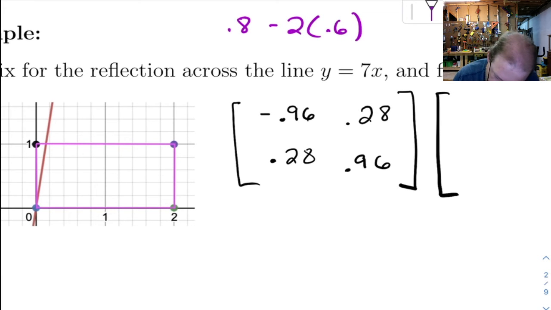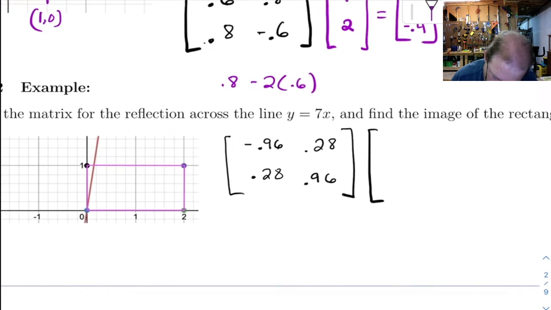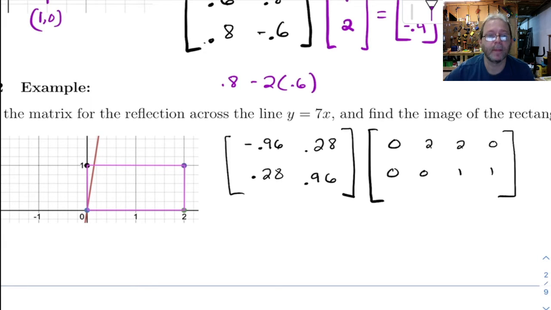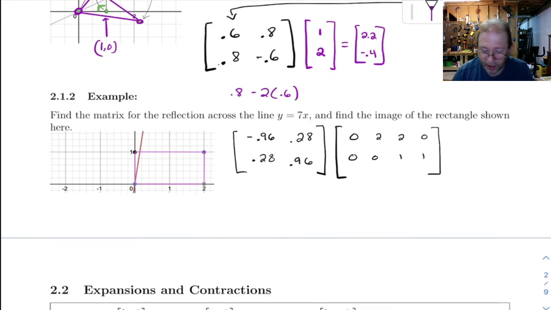We've got the origin at 0, 0. Then this point here, which is 2, 0. This up here, which is 2, 1. Then this, which is 0, 1. I'm going to multiply those out, and that'll give us the image of this thing.